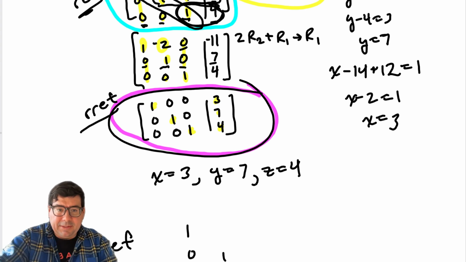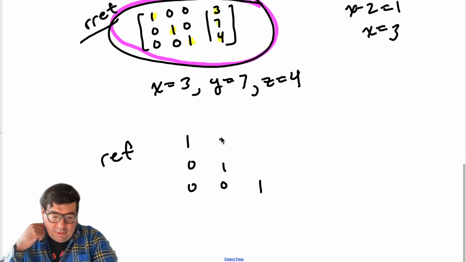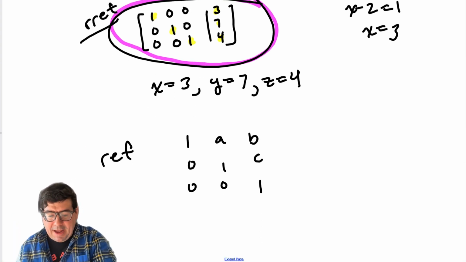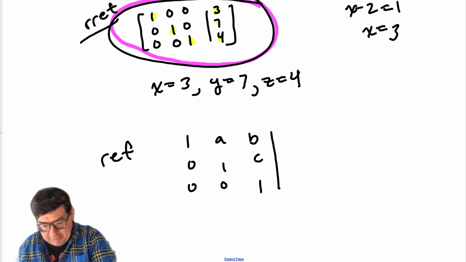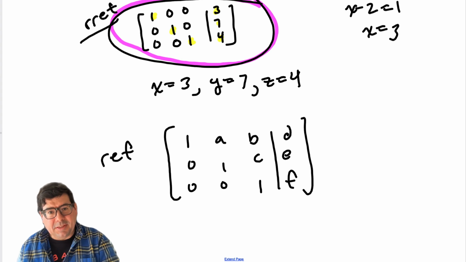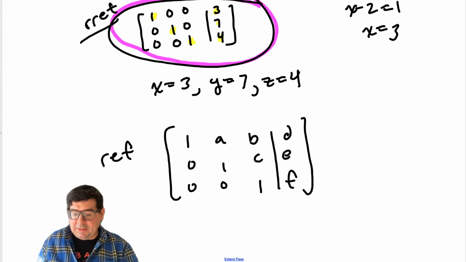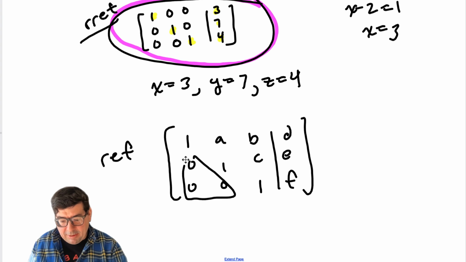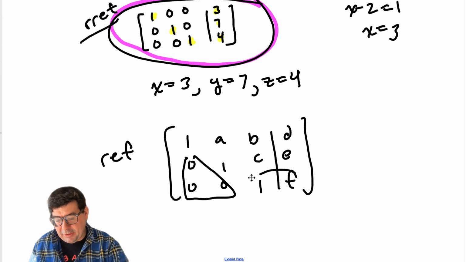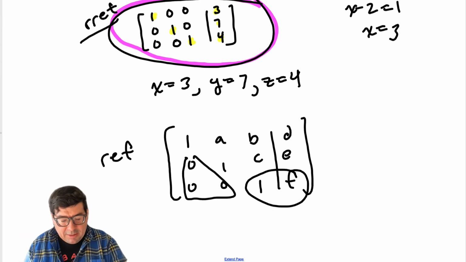In the other spots, we have other values. It could be any numbers there, and then I'll say D, E, and F here. So this is kind of what it looks like. You have this diagonal of leading ones and zeros in front of them, so that you can solve for the last variable and plug it back in to find the others.